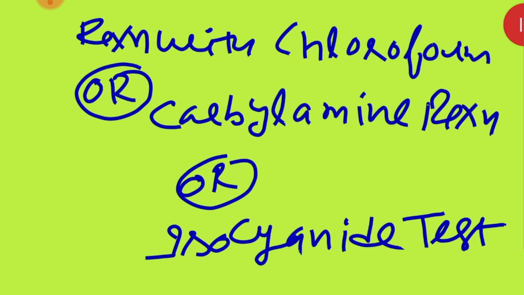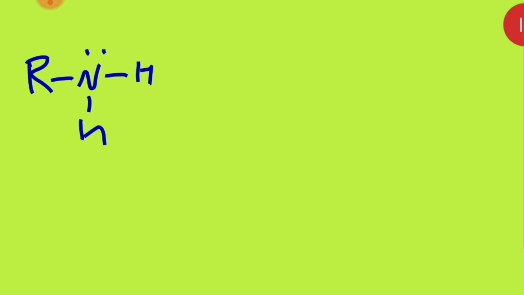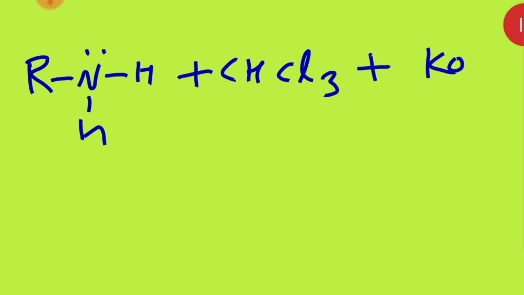Okay, so when we are going to start with this reaction, you see all of you, this is one of the very important reactions. Okay students, now you see please, let it be an amine with RNH2. Then this is called chloroform, CHCl3, plus KOH.